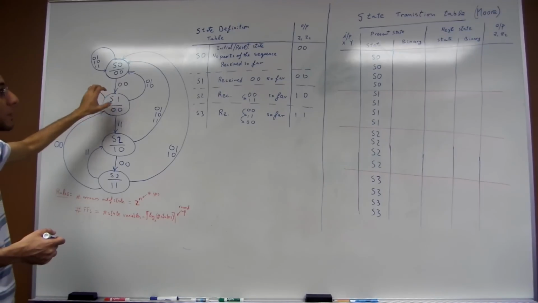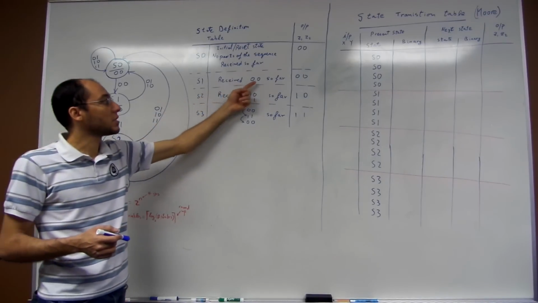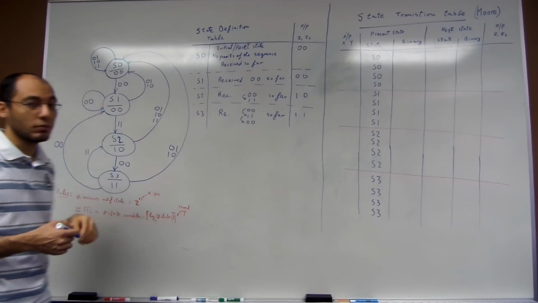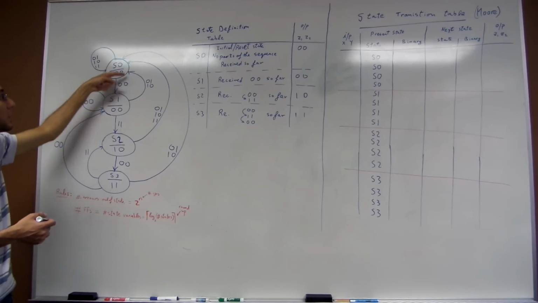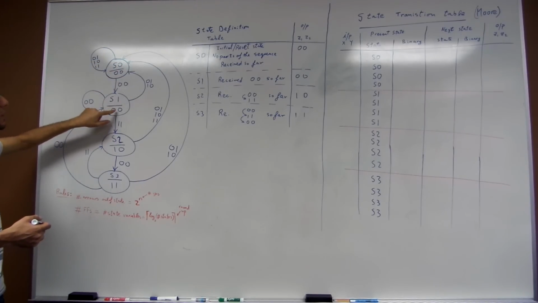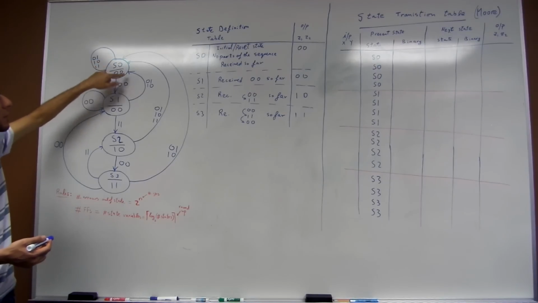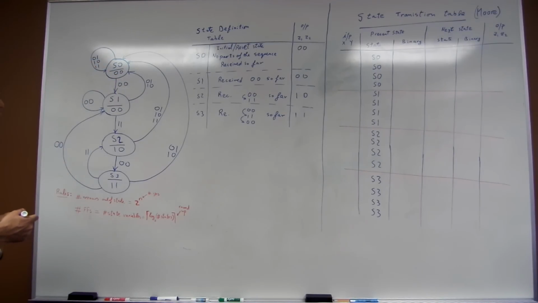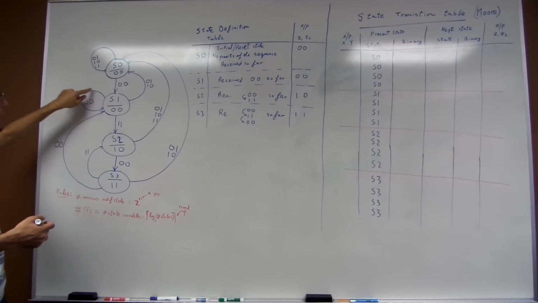S1 means that the machine is retaining the value of 0, 0. Still it is outputting a 0, but it is different than S0, in the sense that S1 means we have received a part of the sequence so far, while S0 represents that nothing has been received so far. Okay, so S1.